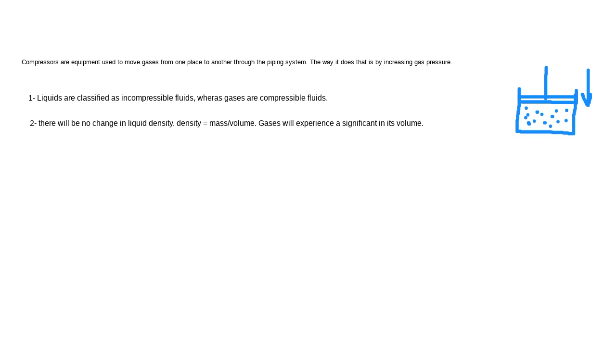جميل. Now gases on the other hand, جميل, will experience a significant increase in its temperature. راح يكون في تغير وتغير كبير في درجة حرارة المادة في حالة الغازية if you compress the gas, because let's go back again to the drawing, gentlemen, and try to imagine what's going on here when you compress the gas.